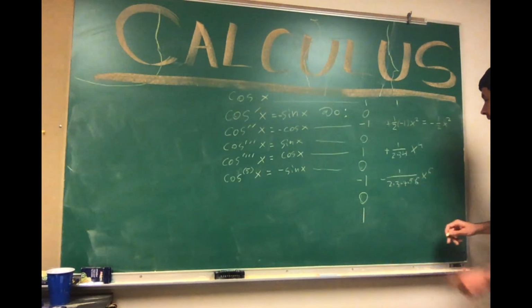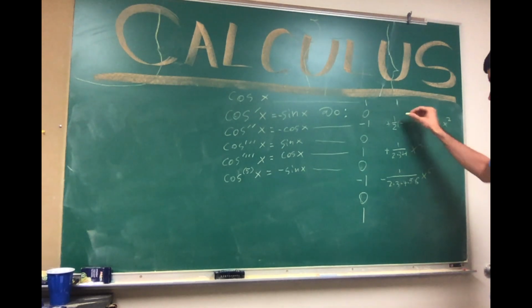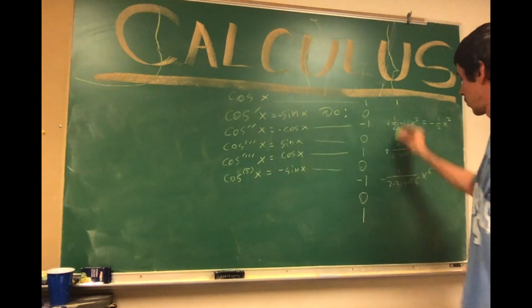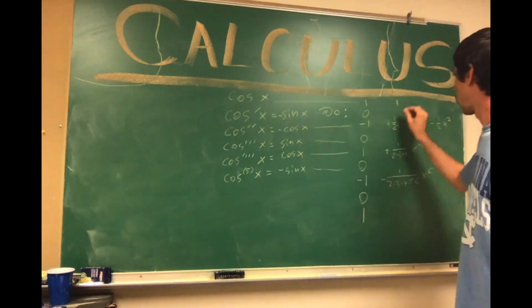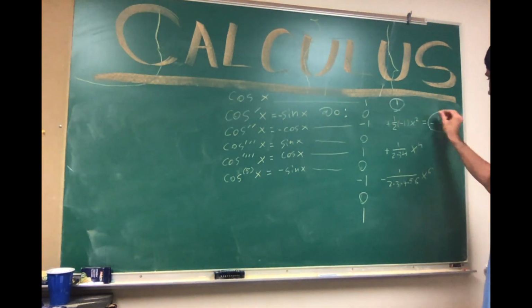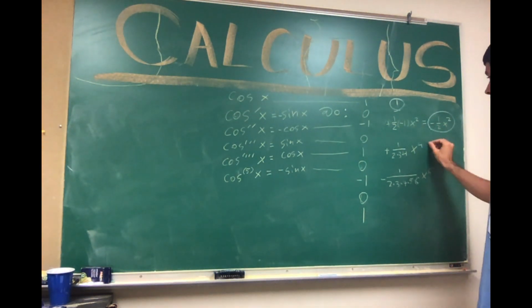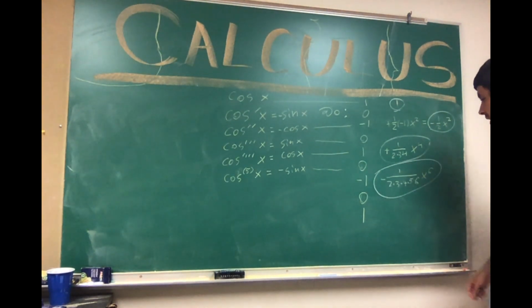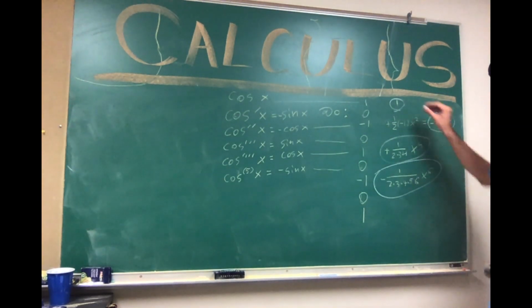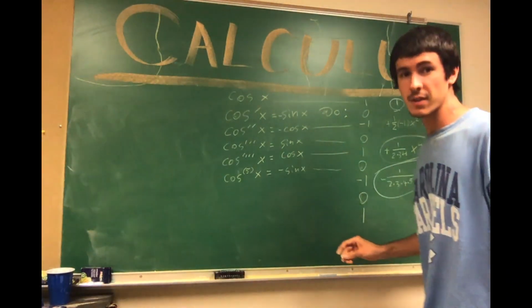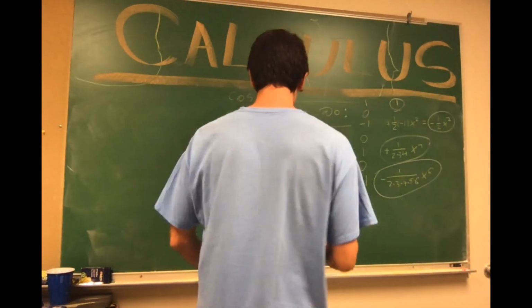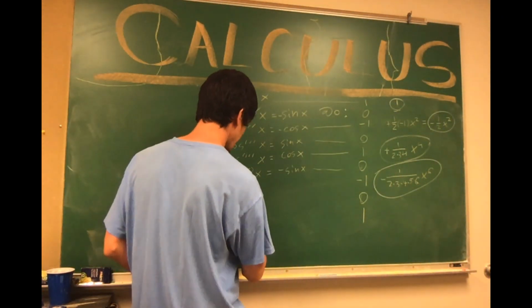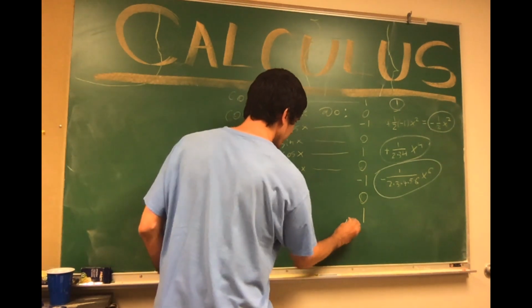And so if you do 1 minus 1/2 x squared plus 1/24 x to the fourth minus 1 over 720 times x to the sixth, then you'll already be seeing, well, I highly recommend doing this on Desmos. It's really cool.